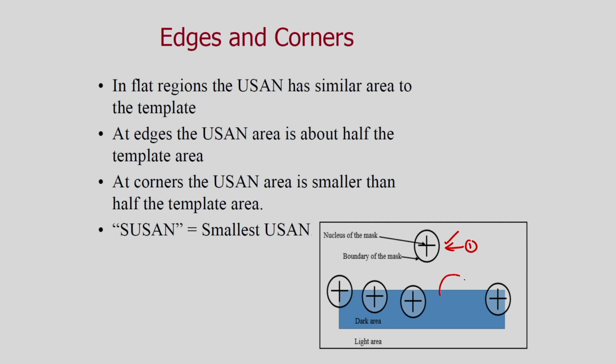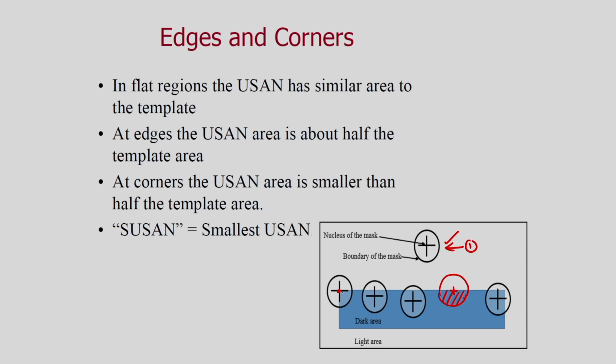If I put the mask here and this is my nucleus, you can see the USAN area is about half the template area. And at the corners, the USAN area is smaller than half of the template area.